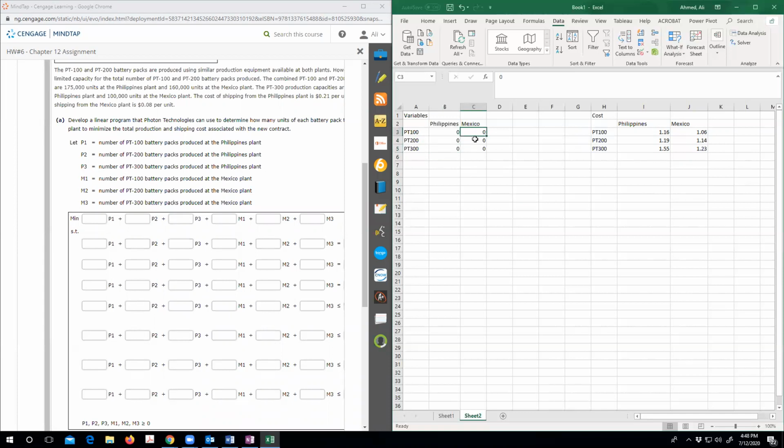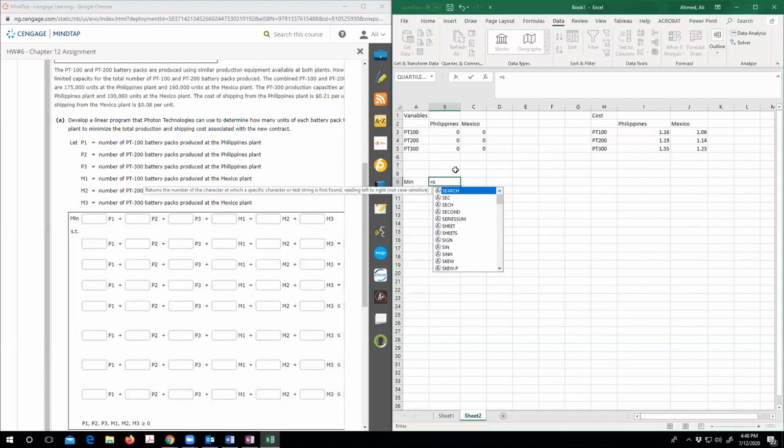Similarly, M1 is this, M2 is this, M3 is this. So we have to minimize our sum product.